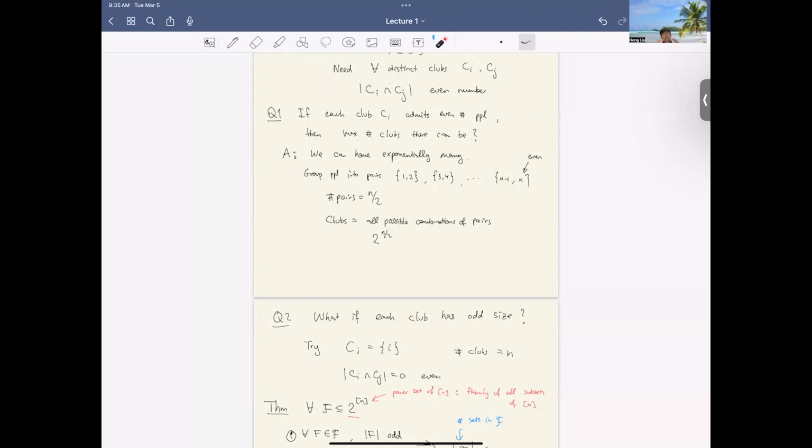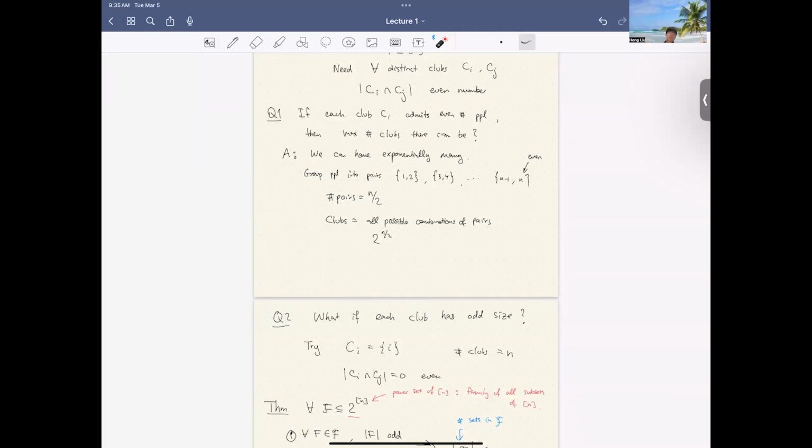And you care about some functional defined on this discrete structure. In the last case it is the number of edges, and you want to maximize or minimize this over this family of discrete structures. So there, we tried to maximize the number of edges over triangle-free n-vertex graphs. Here, you can put it in the same framework. It all looks the same. You have discrete structures, now subsets of a ground set of size n.